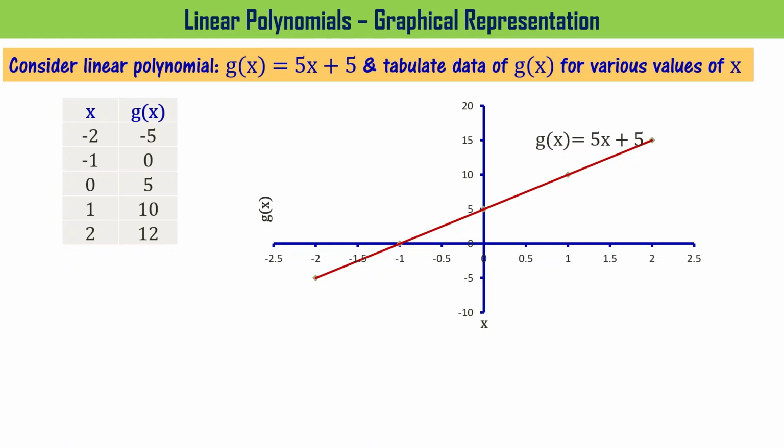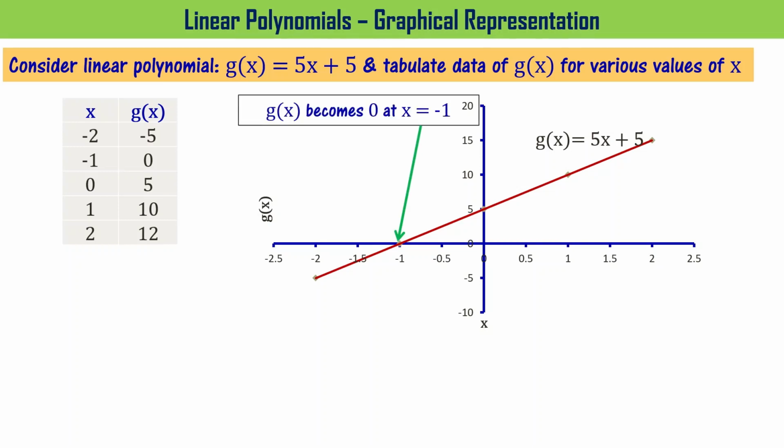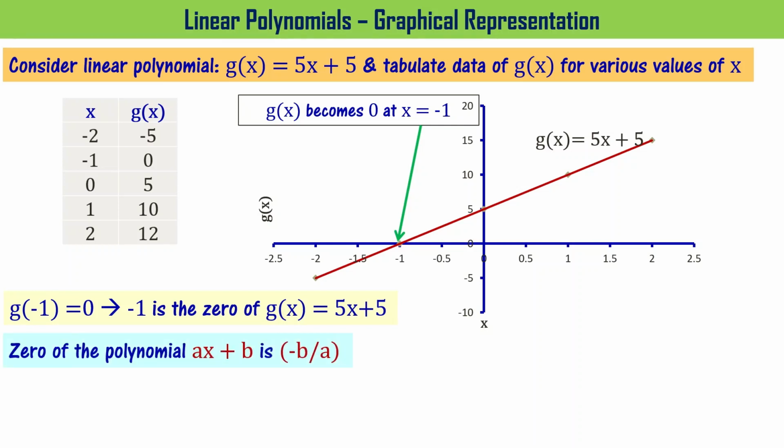When you observe this figure, you can say that g of x becomes 0 at x equal to -1, right? It means g of -1 equal to 0. Or in other words, we can say that -1 is the 0 of g of x equal to 5x plus 5, right? We have learned that 0 of the polynomial ax plus b is minus b by a, right?